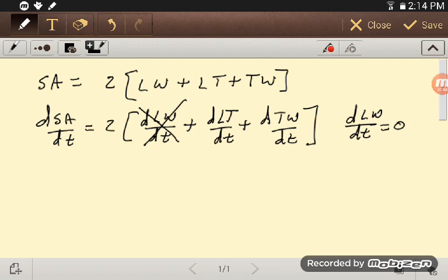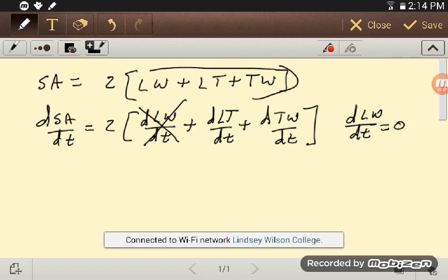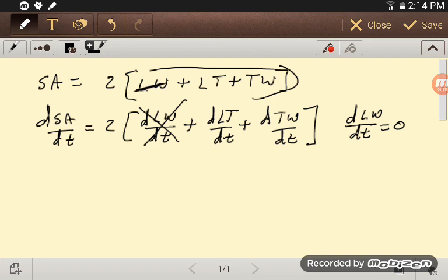Now, you wrote SA prime is equal to this thing up here without the LW. Well, that's not true. SA prime is not that. It is this one down here. And that is true. Okay, so you just have to be careful.